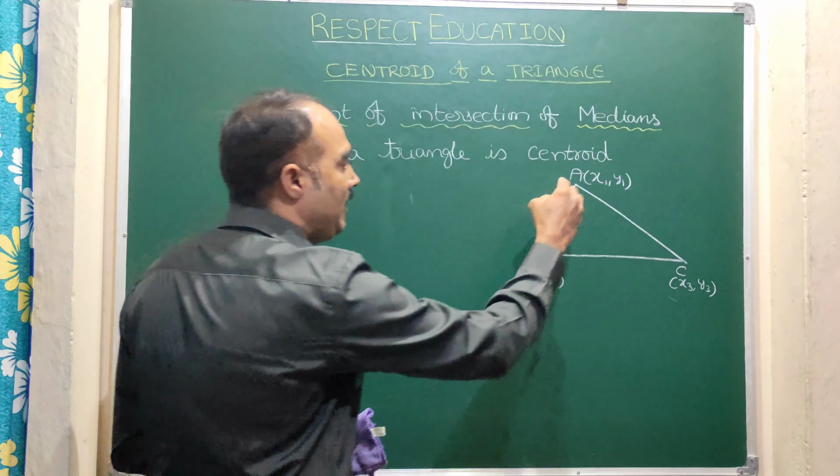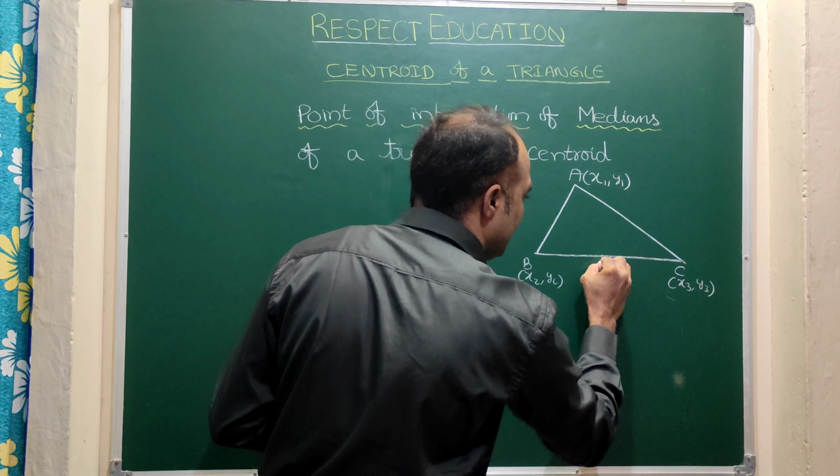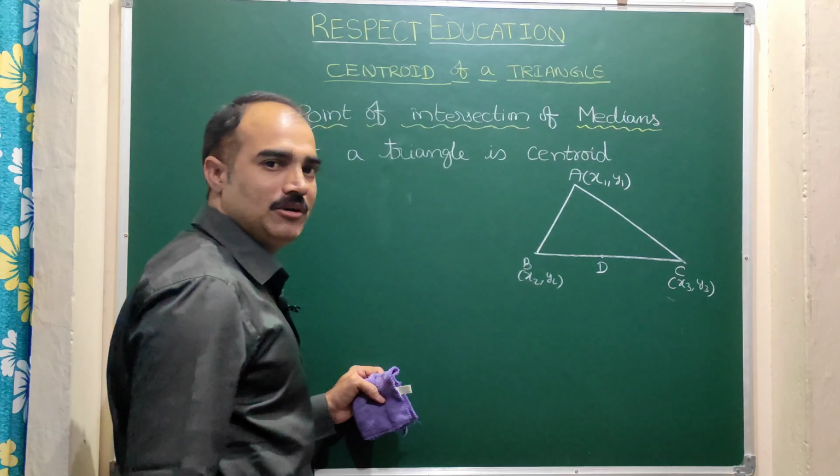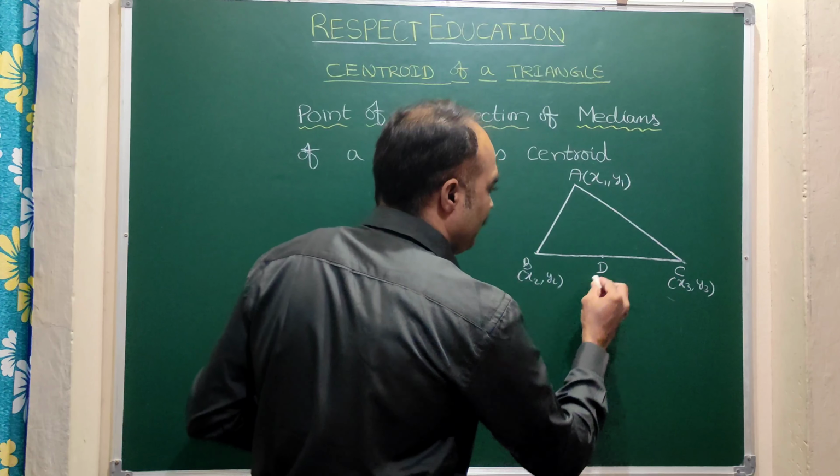So let us take a median. For taking the median, first midpoint is required. I am taking here D, which is the midpoint of B (x2, y2) and C (x3, y3).